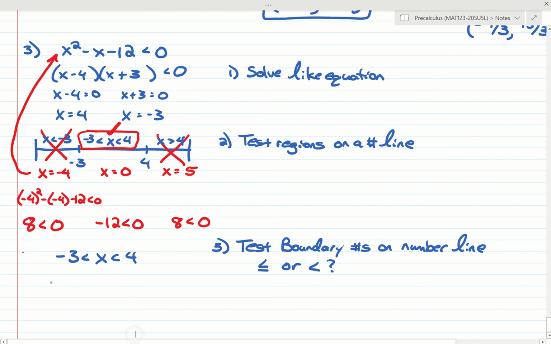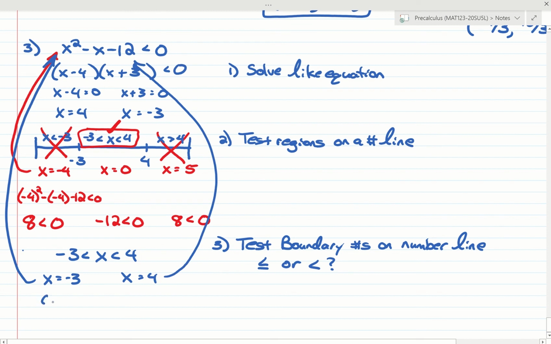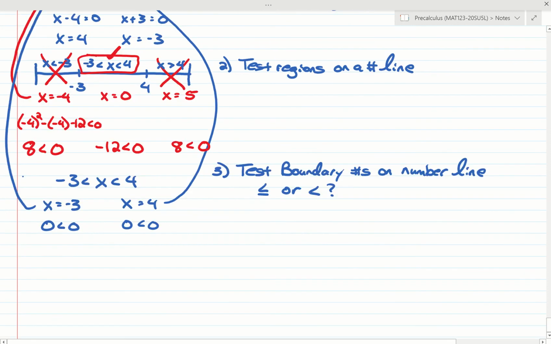The question is, could x be -3? Well, I'm going to plug that in and see what we get. Could x be 4? Again, I'll plug it in and see what we get. Well, if you do plug those in, because those are x-intercepts, you would get 0 is less than 0, and that's not true. Same thing with this. So I'm not going to include them, which means our answer for this would just be this, or in interval notation, we would write -3 to 4.